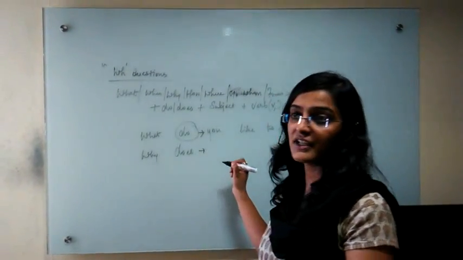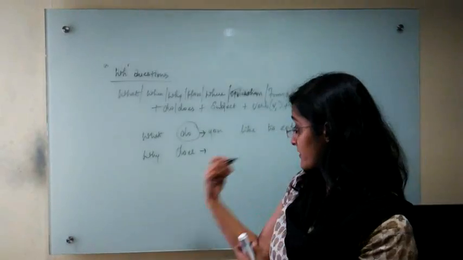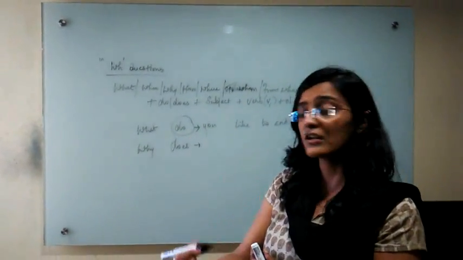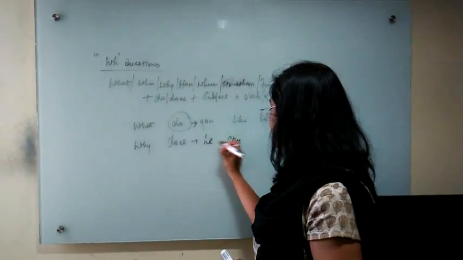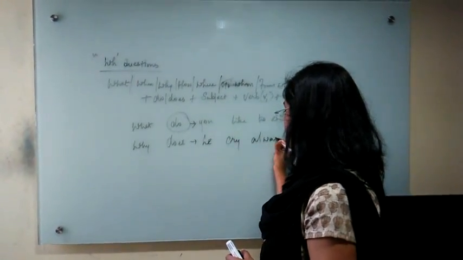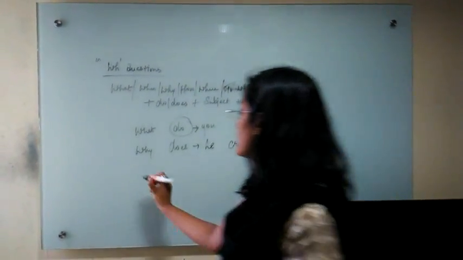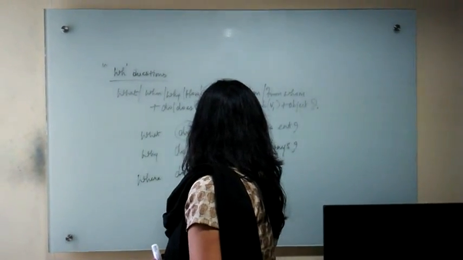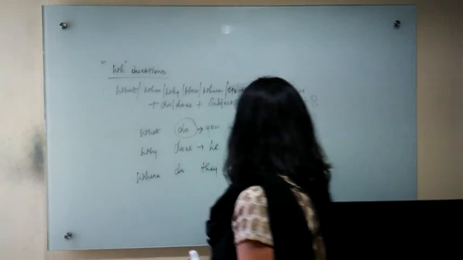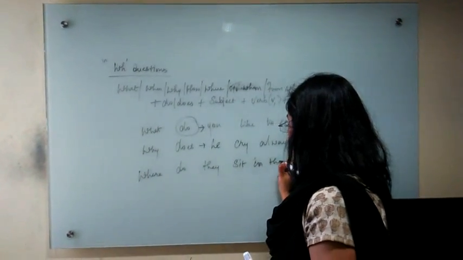So with does, you can use he, she, it, my mother, my sister, my brother, your sister, your aunt, your uncle, anything. So why does he cry? Why does he cry always? Where do they sit in the library?